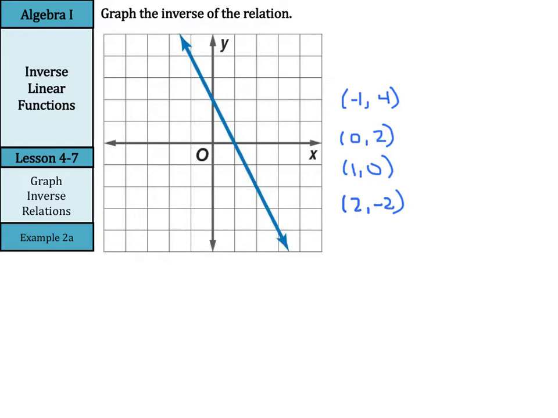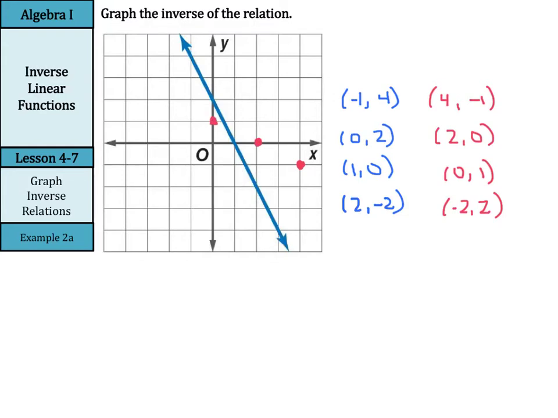When I go to graph the inverse of this then, well, create the inverse points. We're going to have (4, -1), (2, 0), (0, 1), and (-2, 2). And graph it. (4, -1) is here. (2, 0) is here. (0, 1) is there.